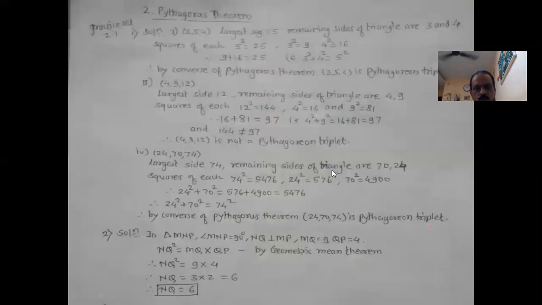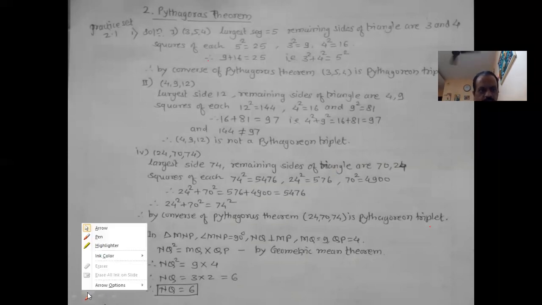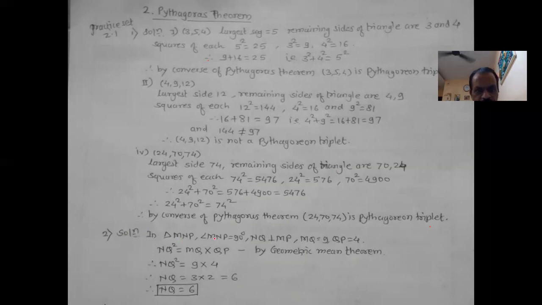We see the answer like this. In triangle MNP, angle N is equal to 90 degrees, and NQ is perpendicular to MP, and so NQ square is equal to MQ into QP. This is nothing but the geometric mean theorem.